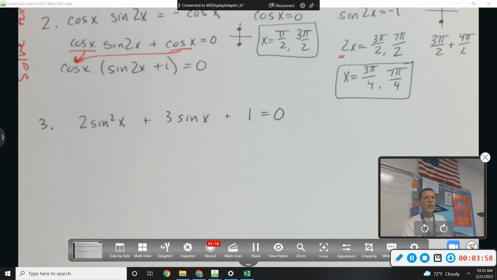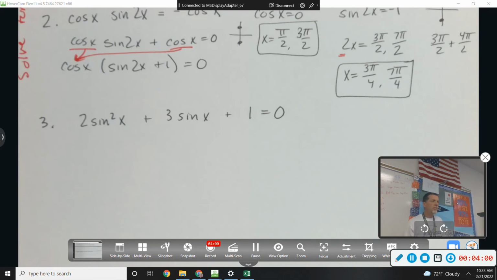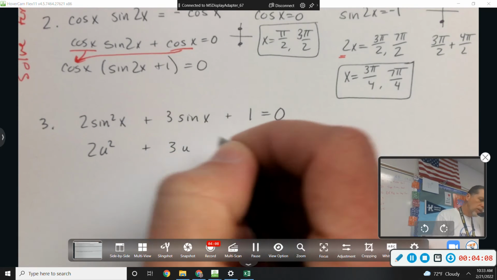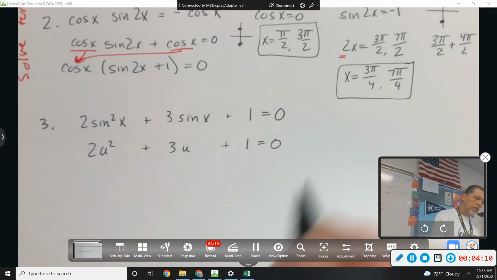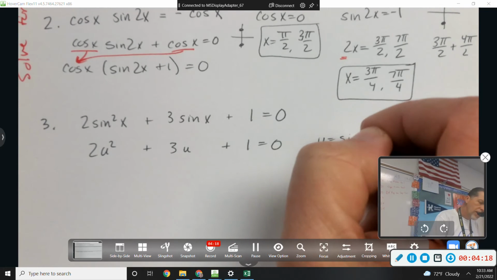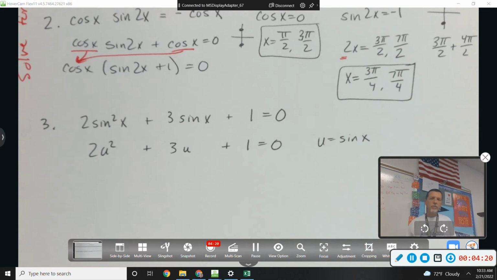And then number 3, you can factor it as it sits, or you can put in the u's. Either way, I'm going to put in the u's because it's easy to show. Teaching-wise, it's easiest to do it this way first and then show it the other way. So again, that means u is sine of x. It's not really anything there other than it just makes factoring easier.